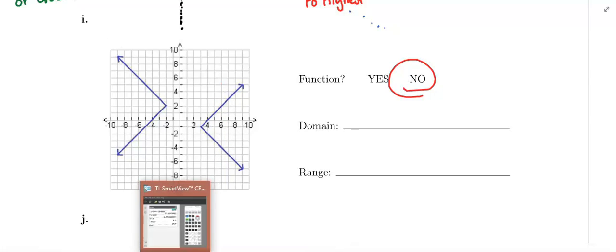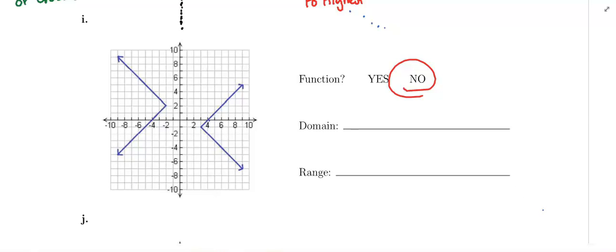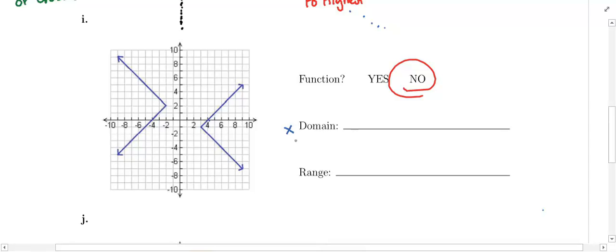Let's take a look at the domain. So again, with domain, you're just trying to figure out what x values this graph covers. So again, we're writing down x values and we are going to be traveling from left to right in order to do this. So let's look at the first piece. This is the leftmost piece.